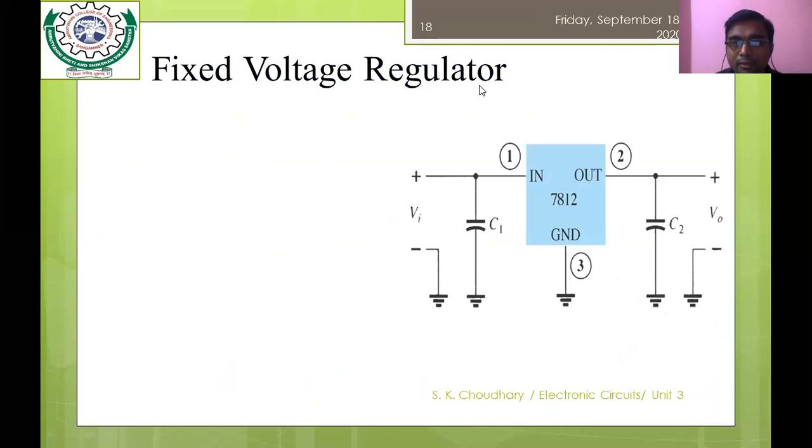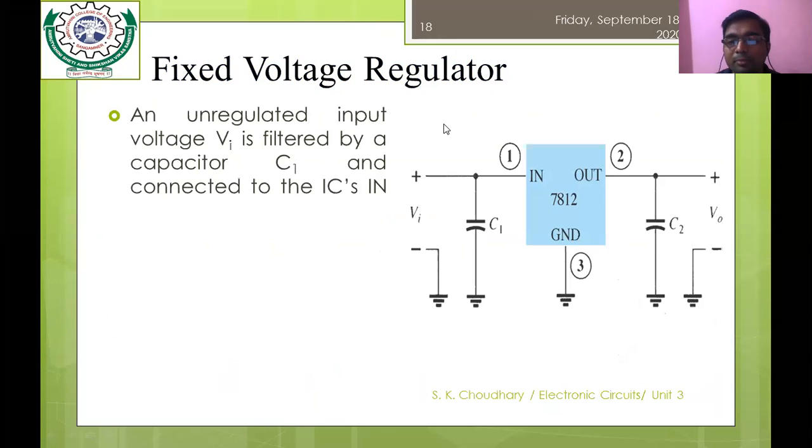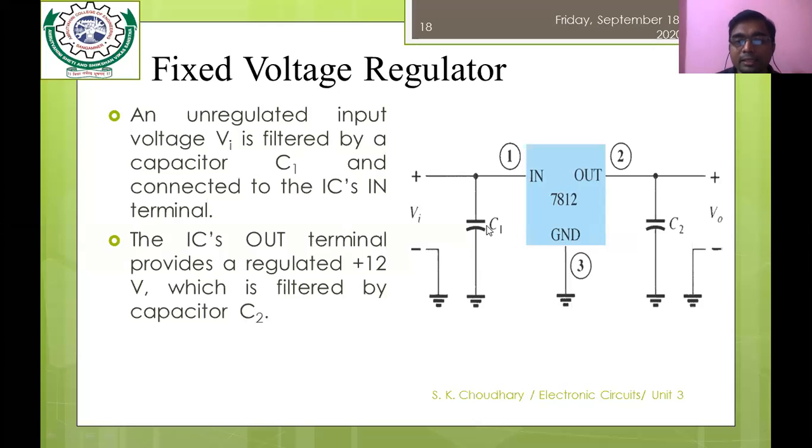So here is the fixed voltage regulator, the typical circuit diagram of it. The unregulated input voltage is filtered by the capacitor C1. Actually, the regulator is always connected to the output of the filter. So the input voltage to the regulator is filtered by capacitor C1 and connected to the IC input pin as Vin, and the IC output terminal has the constant output voltage, 12 volts, because we have used the 7812.